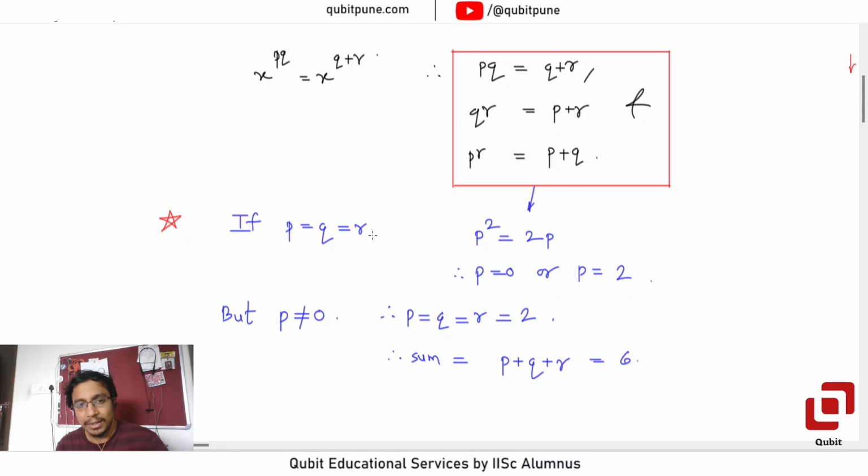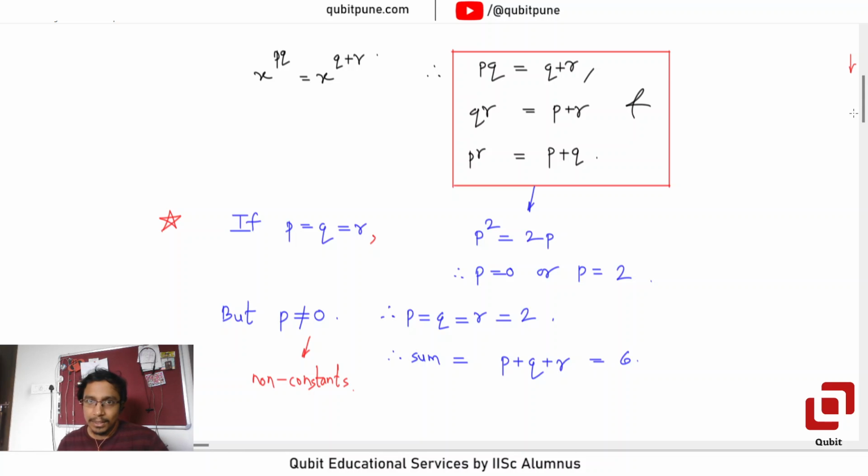If p, q and r are assumed to be equal, then every equation is going to give us p squared equal to 2p, giving us p equal to 2 or p equal to 0, but p can't be 0 because the polynomials are non-constants. So the sum is 6. Any doubt?